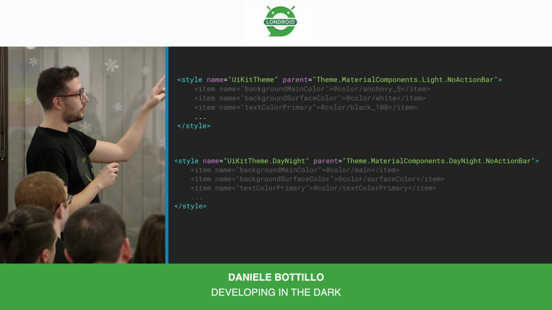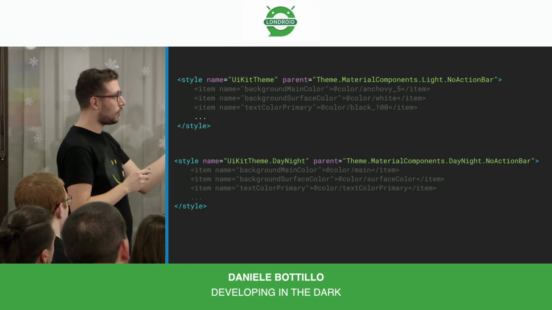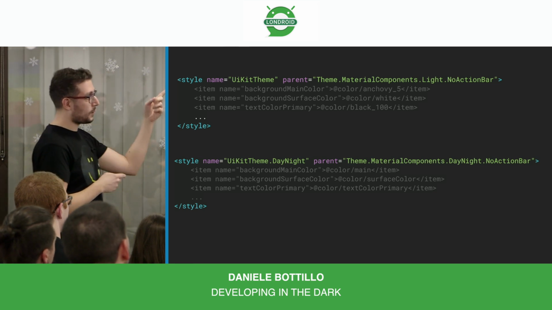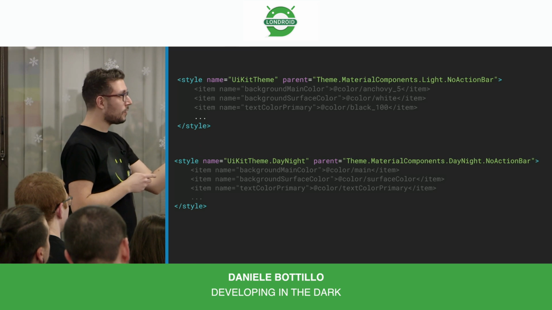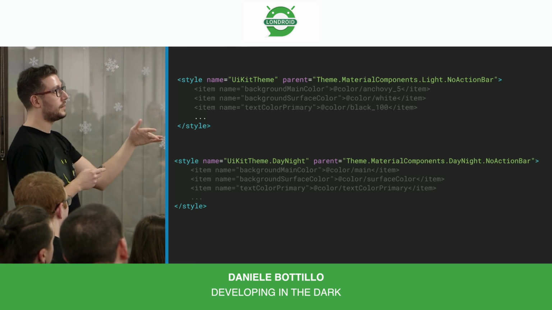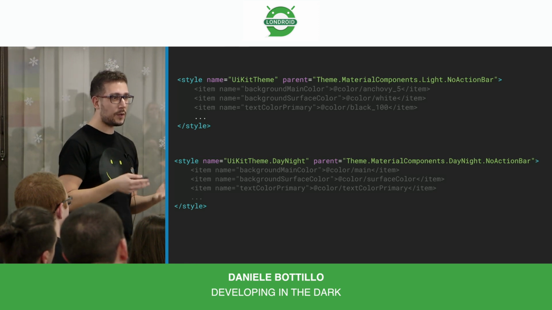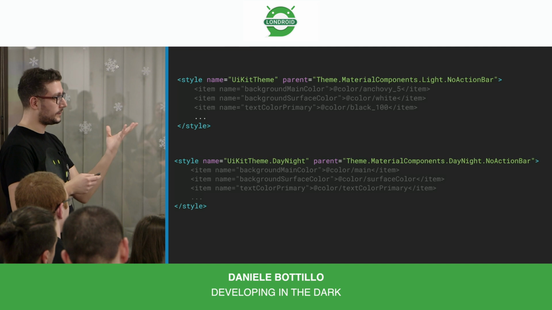Here we define two different themes. One is the UI kit theme, and the other one is .DayNight. But if you see, we override the parent: for DayNight it's the material components DayNight, and for the normal one it's just a light theme. In this way, we are basically opting out of day-night mode for the normal theme.